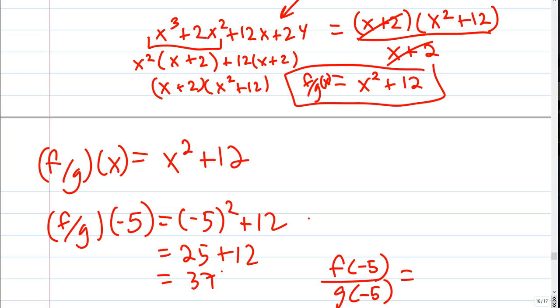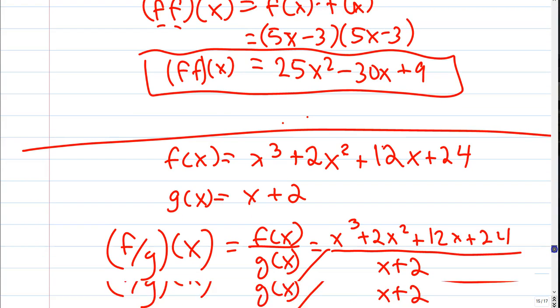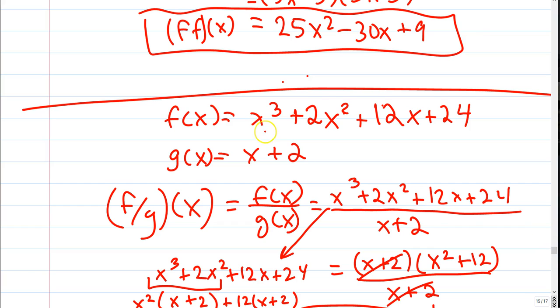Would that be true if I had separated it, f of negative 5 over g of negative 5? Well, let's check. f of negative 5 would have been, what's the f? Oh lordy, negative 5 cubed plus 2 times negative 5 squared plus 12 times negative 5 plus 24.